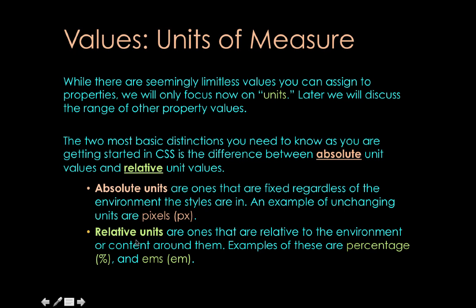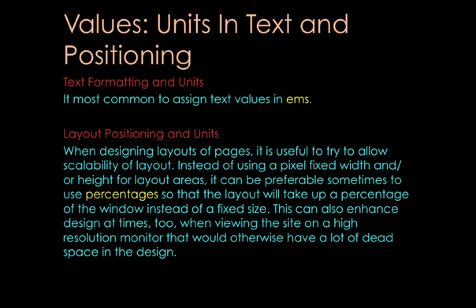Relative units are the opposite of that. They're relative to the environment around them or to the content around them. Examples would be percentages and, in some cases, ems. An em unit is pronounced M, but it's written EM. An em unit of measure measures the width of the letter M of the typography you're using, since M is usually the widest of all the letterforms of a typeface.